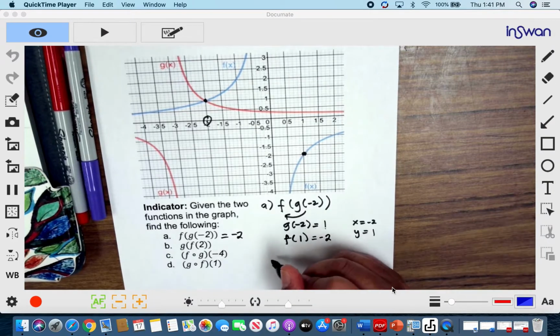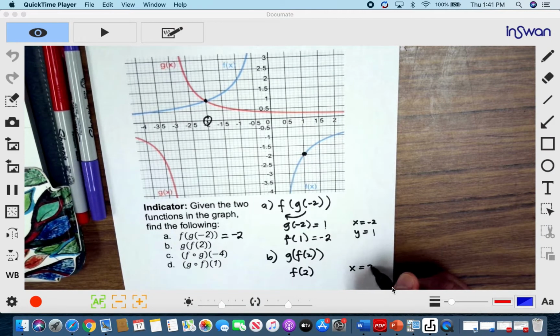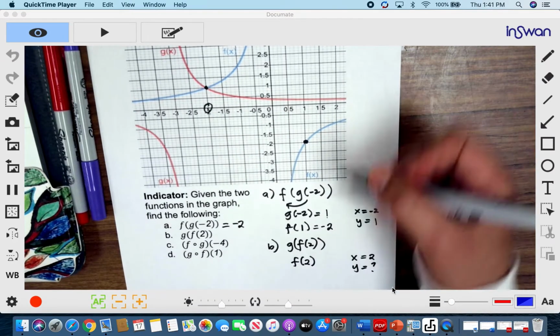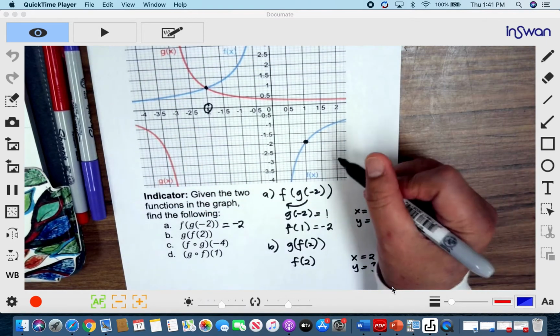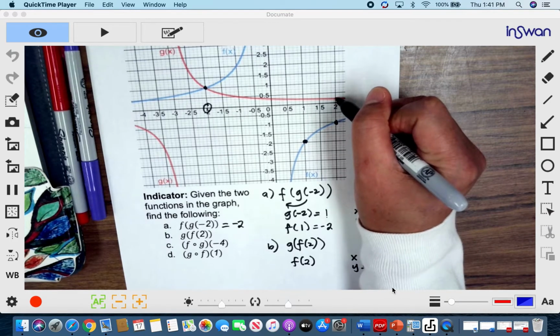We will do letter B, g of f of 2. This means that we need to look for f of 2 first. That is, when x is 2, y is what number. Since it's the function f, you have to pay attention to the blue graph. f of 2 in the blue graph is -1, not in the red graph.